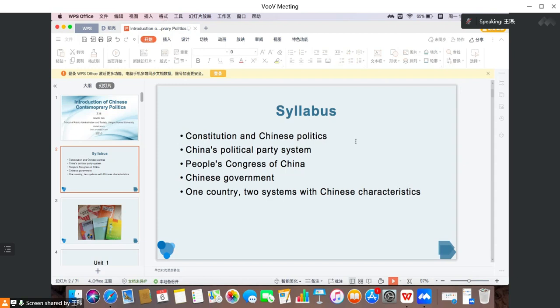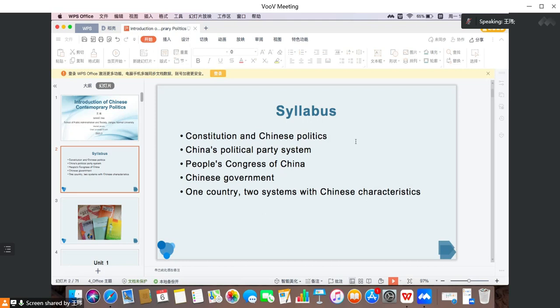But we all know this is the same person. Chairman Xi or President Xi or General Secretary. In our Constitution, General Secretary is the highest position of our Chinese Communist Party.